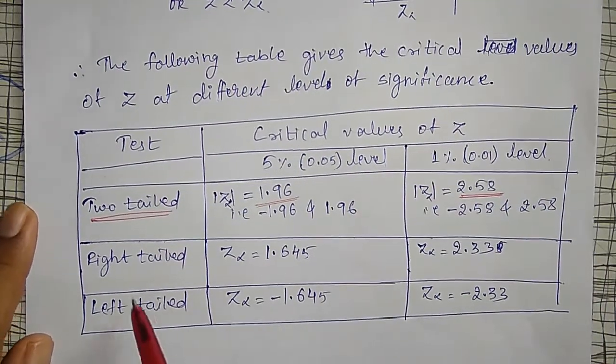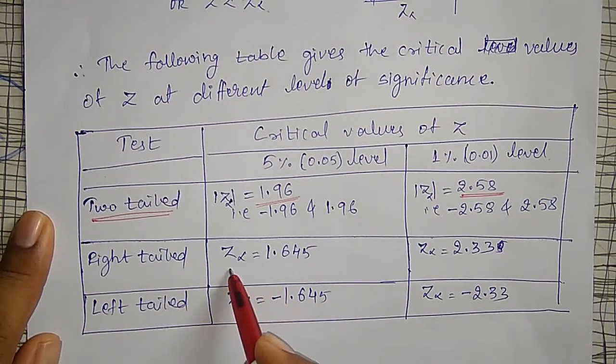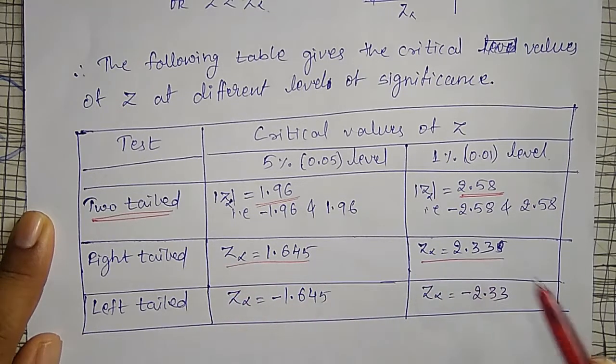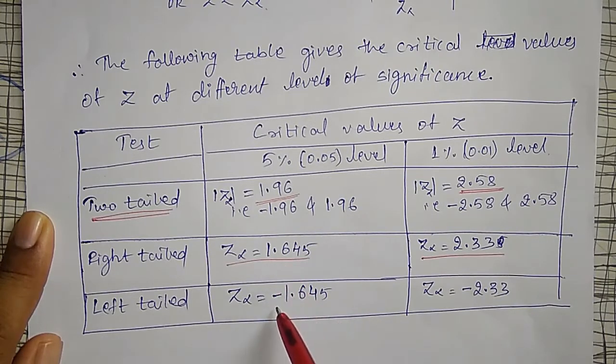Like that, for the right-tailed test it is 1.645 for the 5% level, and for the 1% level it is 2.33. Like that, for the left-tailed test, only the negative side, for 5% negative values.